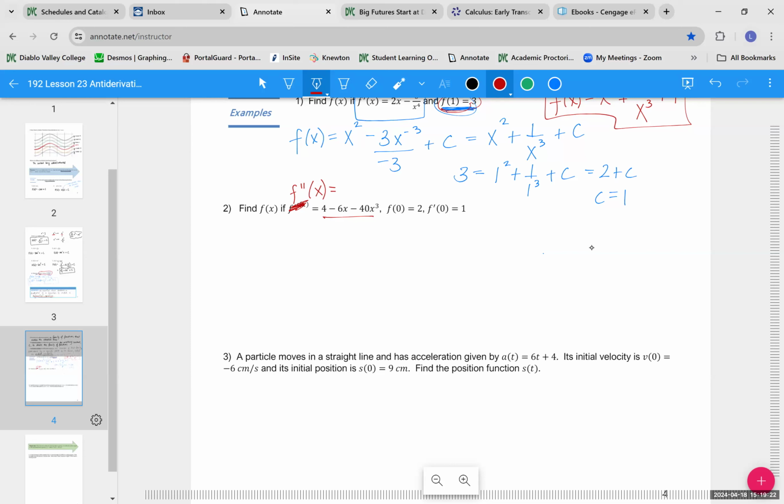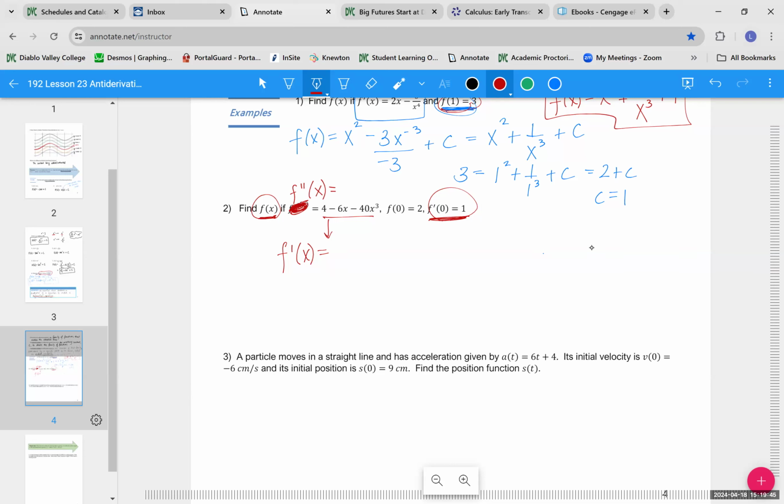So we're actually going to have to do this twice because we want to find the original function and we have the second derivative. So we're going to take the antiderivative once, since that'll give us f prime. We'll use the initial condition that's given to us for f prime, and then we'll do it again.